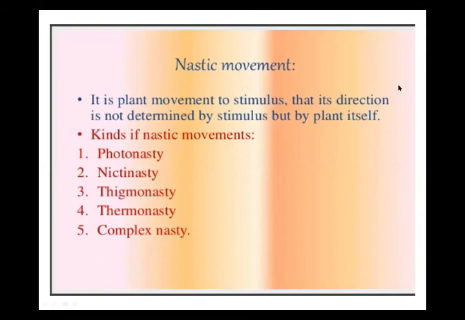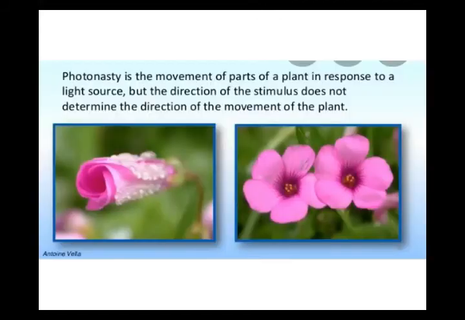In the Nastic movement, plants show the movement in response to a stimulus, but not in the direction of the stimulus. It also has different types. For example, some plant bodies show different types of movement, like photonasty. Photo means light. Some parts of the plant body show the light response.